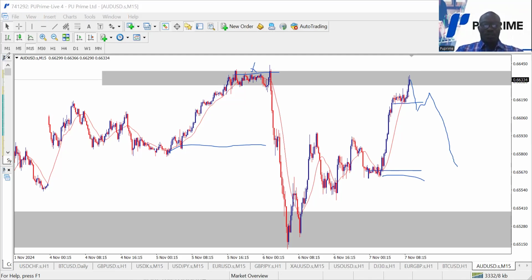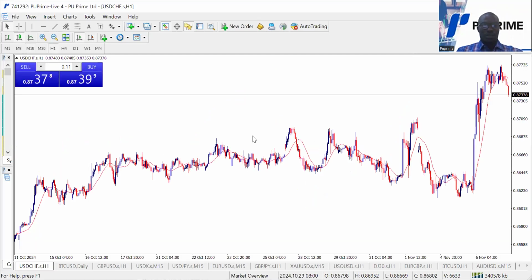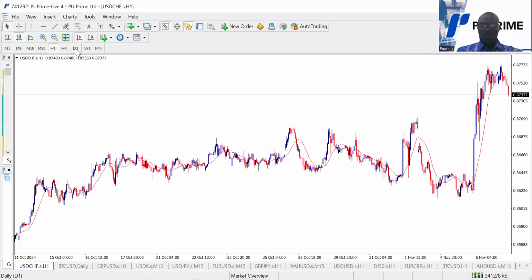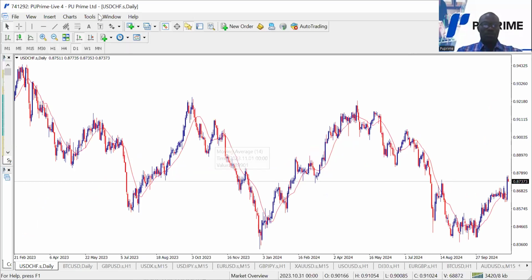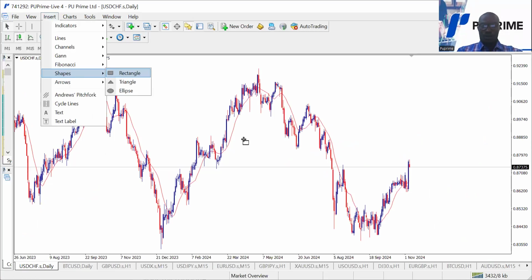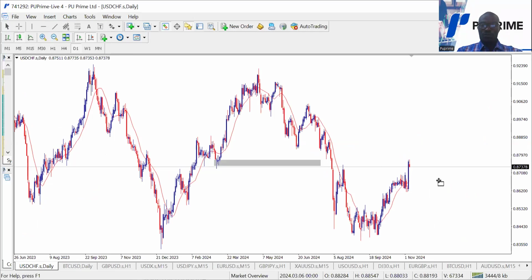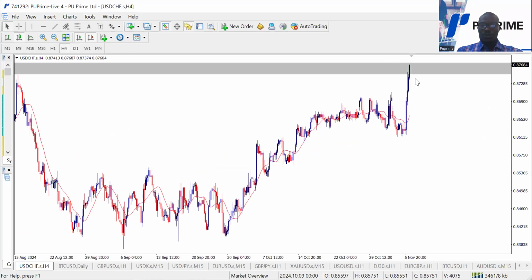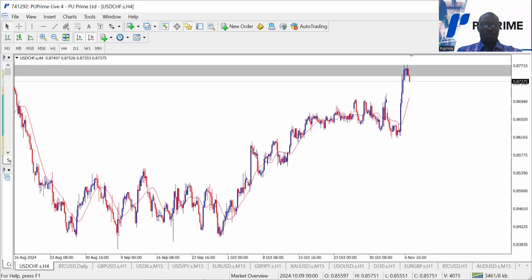But everything still points down, and we should be very, very patient in the market. I would have loved us to take a thorough sell, but we don't just hop into the market without proper confirmation. Support has become resistance, and we're hoping to see a proper retracement, hopefully at this zone.